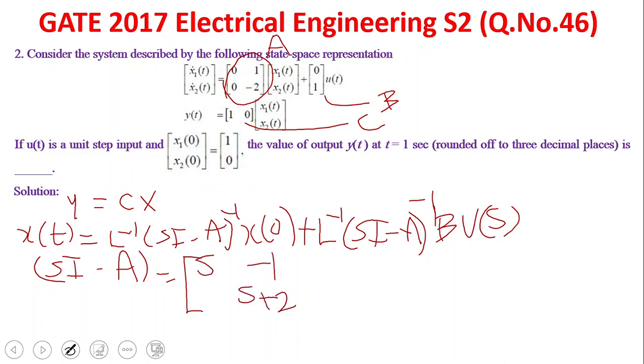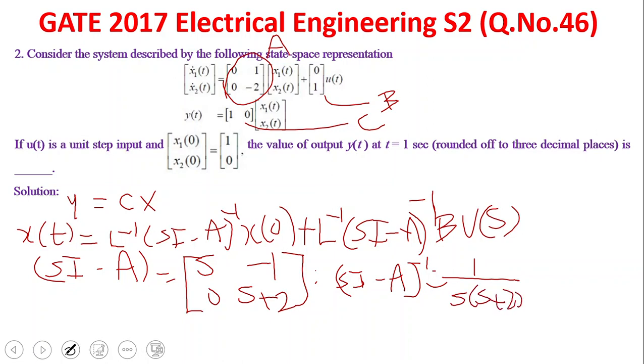So this is your Si minus A. Now I want Si minus A inverse. How to find Si minus A inverse? 1 divided by the determinant value. What is the determinant value of this? S square plus 2s, that is s into s plus 2.